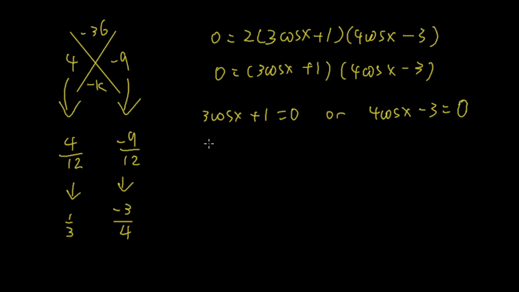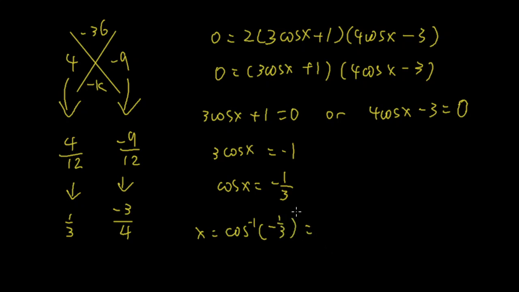We have to make sure there's a value for x here. For this one, subtract 1 from both sides. 3 cosine of x is equal to negative 1. Cosine of x is equal to negative 1 over 3. Then x is equal to cosine inverse of negative 1 over 3, which is approximately 109.47.